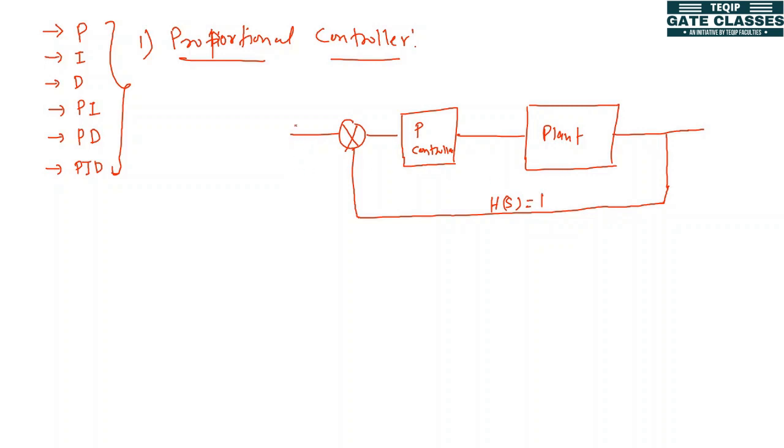This is the reference input R(s), or you can say the desired input, and this is your feedback signal. Let us suppose the output is C(s), and we are taking the feedback, so this will be C(s).